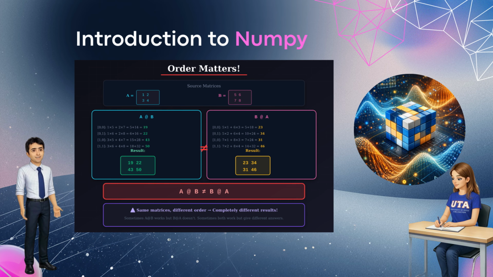A at symbol B is not the same as B at symbol A. Order matters in matrix multiplication. Let's see the results for B at symbol A. The final result gives us first row 23, 34, second row 31, 46. Compare that to A at symbol B, totally different results. Same matrices, different order, completely different answers.